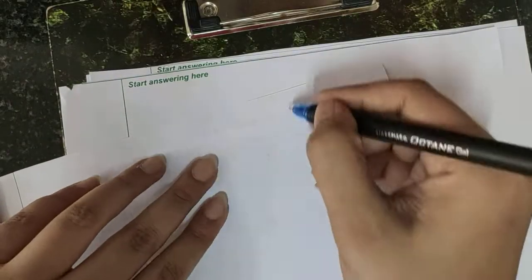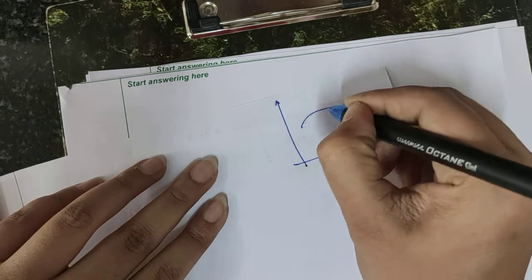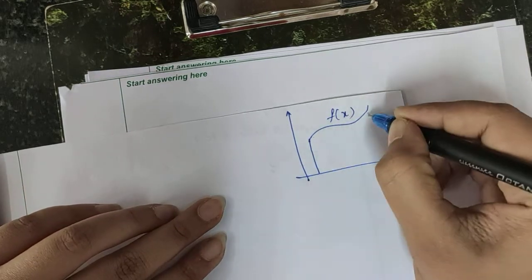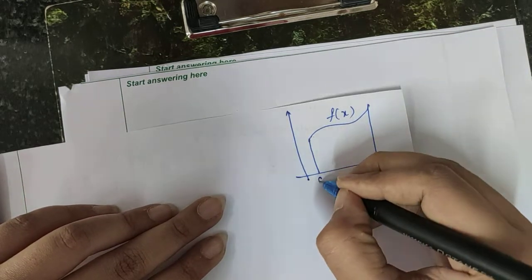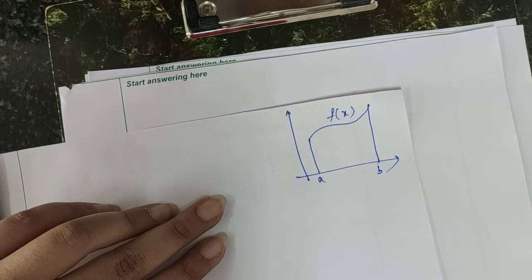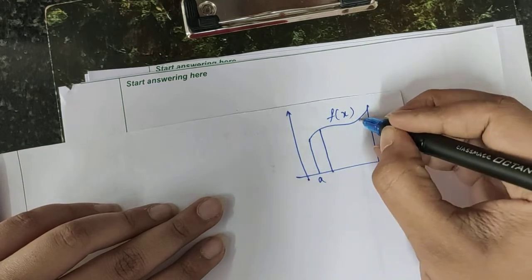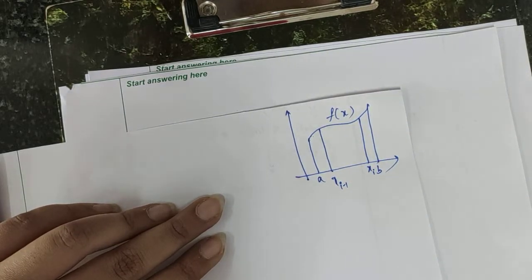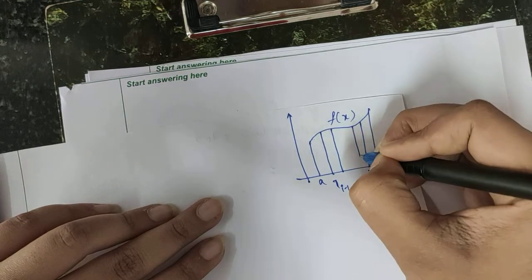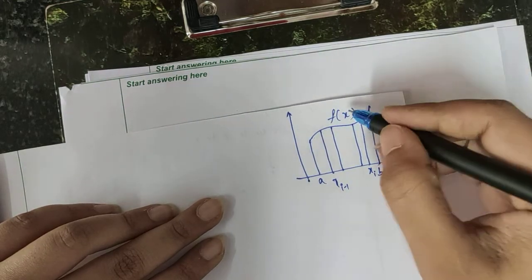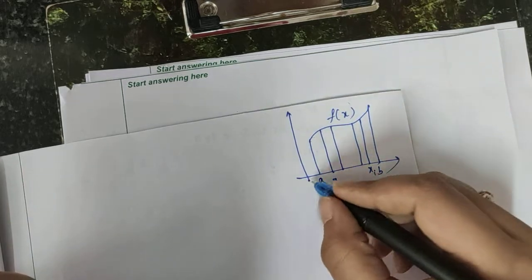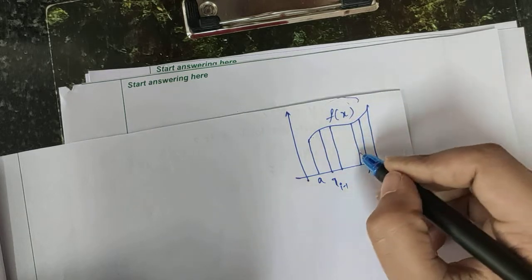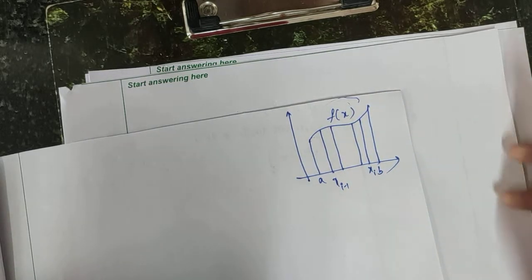That means if I choose this as my function f of x, and this function is bounded within this interval, then obviously this function is bounded within this interval also, or within this interval also. Alright, that means if a function is bounded in the entire interval, the same function is bounded even in every subinterval.